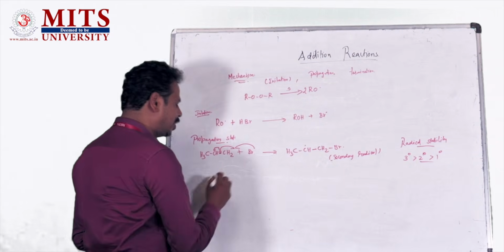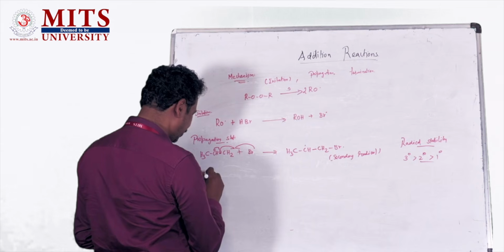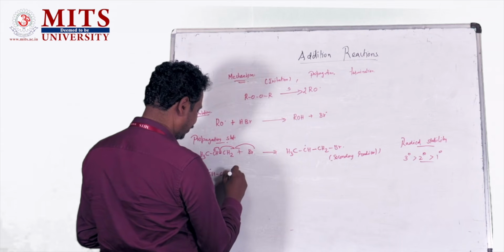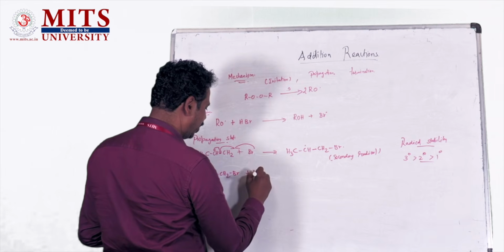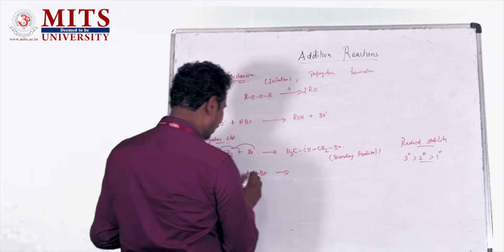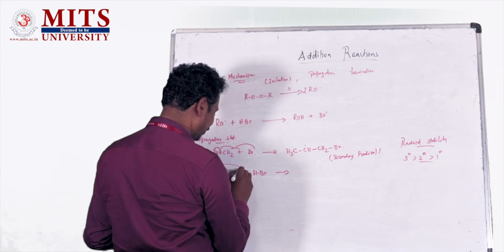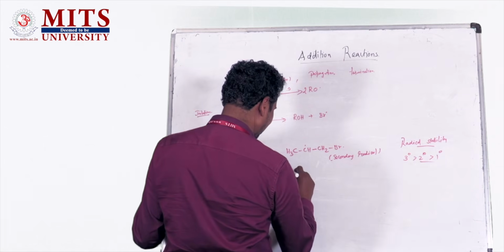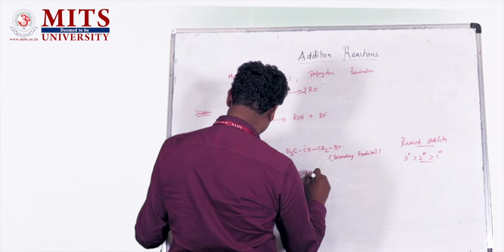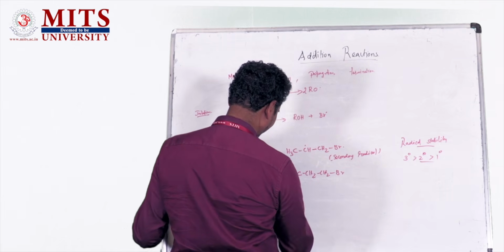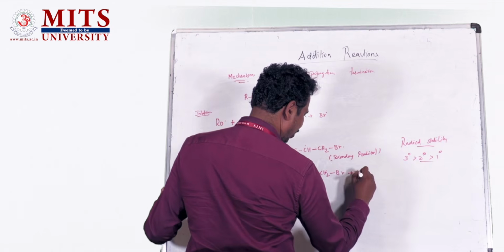Once this secondary radical is formed, it reacts with HBr again, and this bond breaks, and you get CH3, CH2, CH2Br plus Br dot.